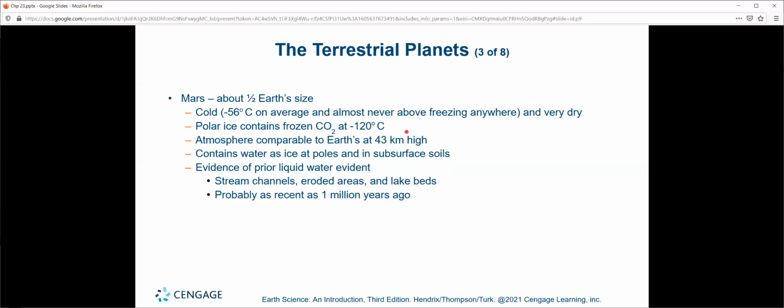I believe, as of the recording of this particular slideshow, that we have found concrete evidence of water in the subsurface soils on Mars. Super cool, right? And that's not necessarily surprising because there is evidence of prior liquid water on Mars: stream channels, erosion areas, lake beds, things along those lines.